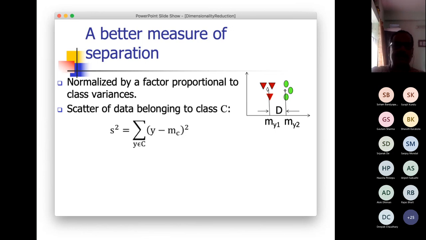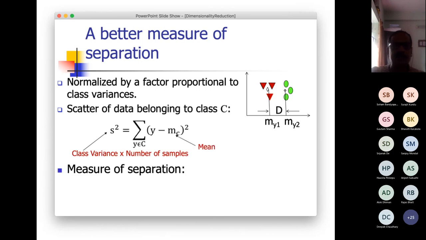So we define the scatter of data belonging to class C in the projected space. Please note that scatter is a scalar quantity here, which is basically the measure of variance multiplied by the number of samples, right?